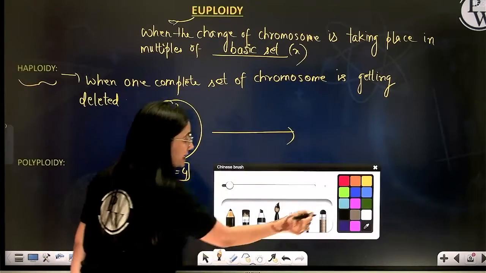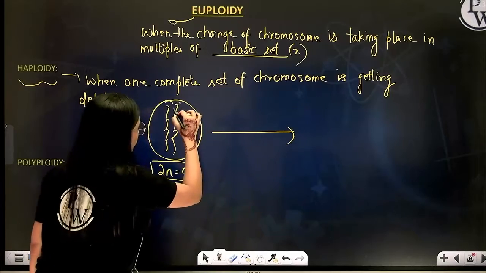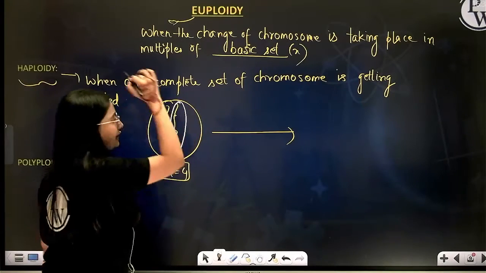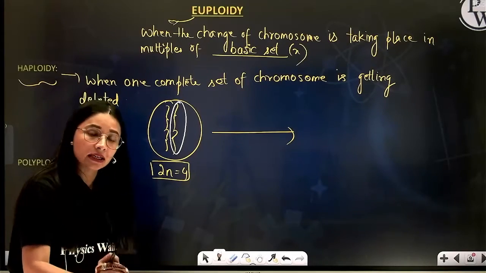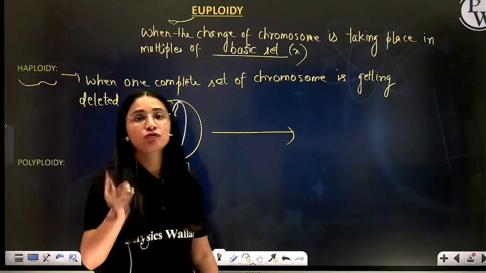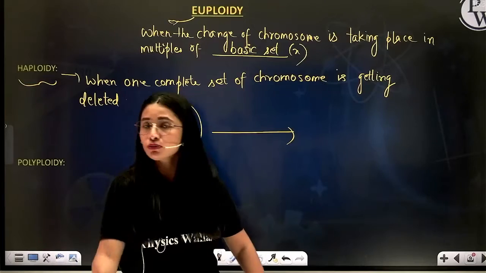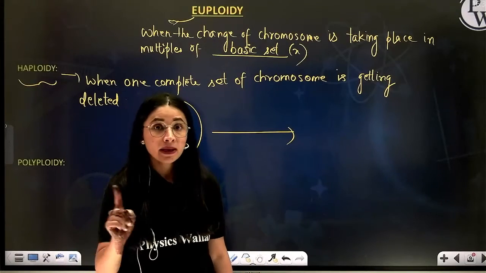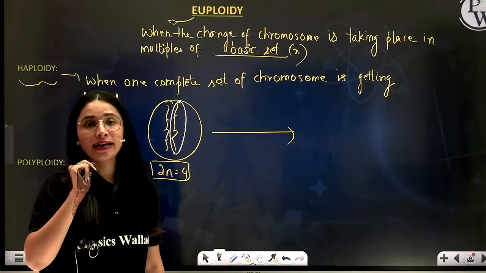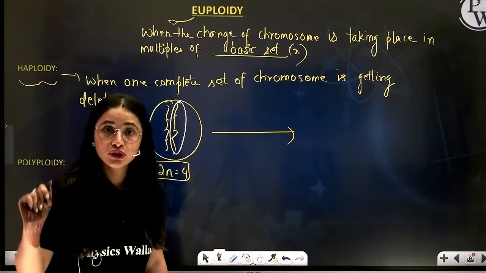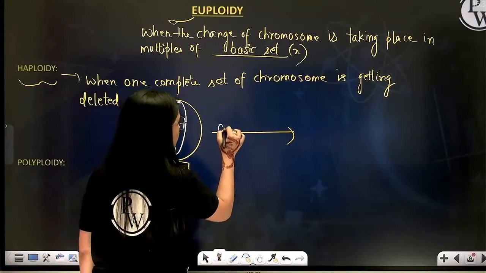One complete set of chromosome has to get deleted. Not 1 or 2, one complete set. Now that one complete set may have 2 chromosomes, 3 chromosomes, 4 chromosomes, whatever may be the condition. But one complete set of chromosome has to get deleted in case of euploidy mutation.